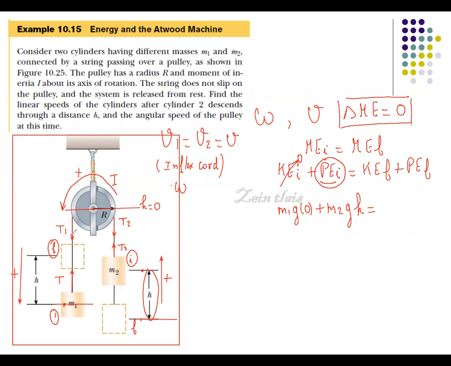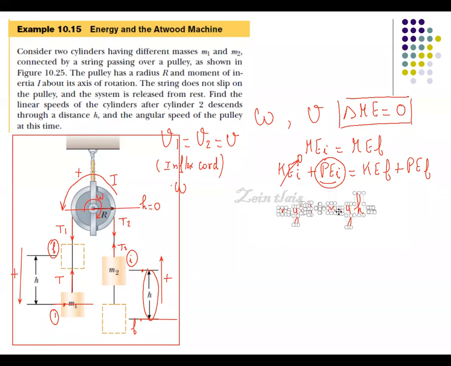M1 is moving up, M2 is moving down, and the pulley is moving with a pure rotation omega. So M1 and M2 have a translational kinetic energy, and the pulley has a rotational kinetic energy.